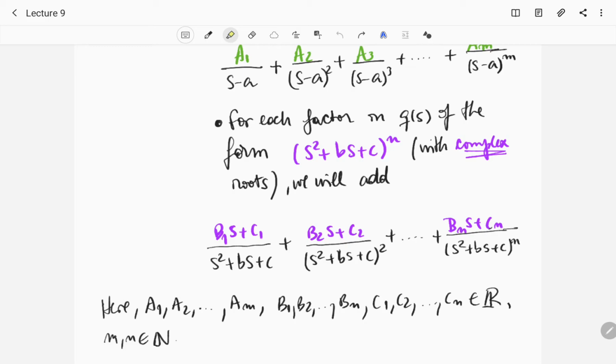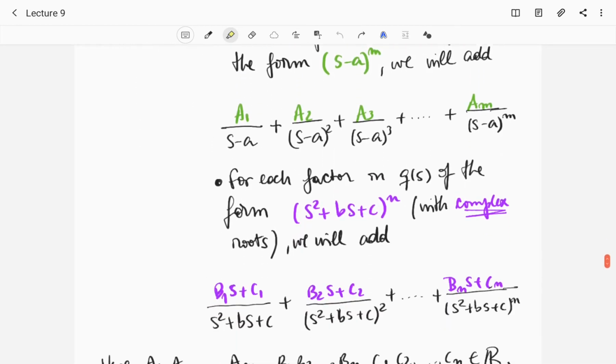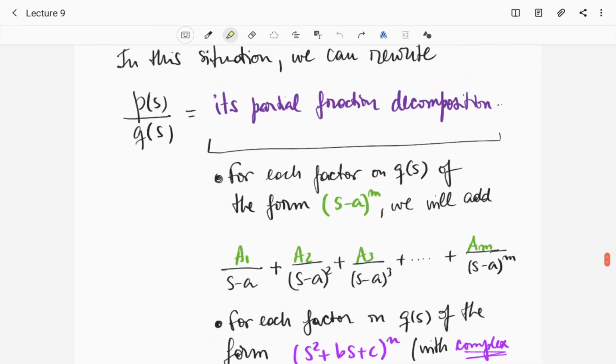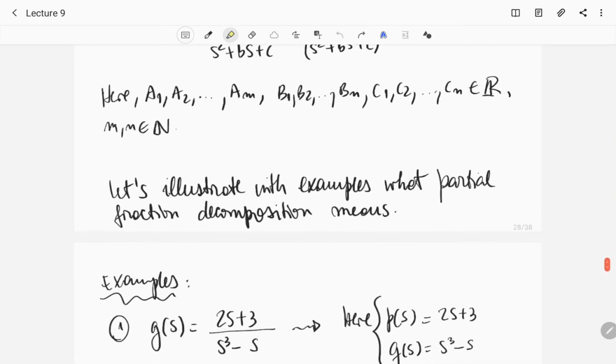Hopefully, an example makes it a bit clearer what is going on, maybe not in this general setting. What you have to keep in mind is that each time we have a polynomial divided by a polynomial, and the one on top has degree strictly less than the one below, then we can rewrite this expression following some rules.